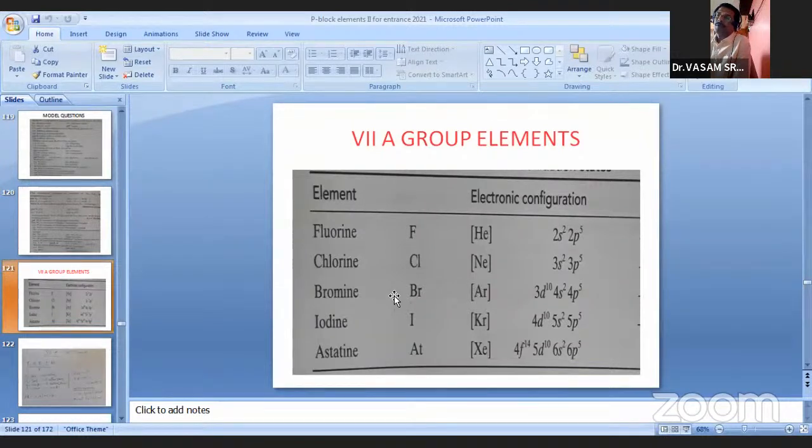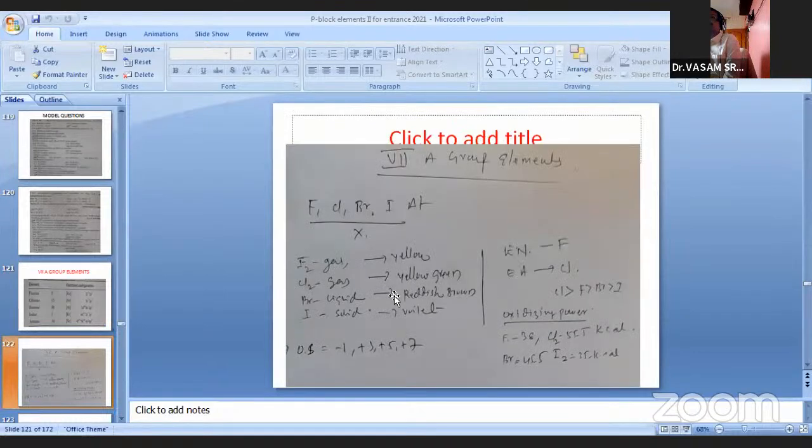So they are 4 and the atomicity is 2. The stable form is X2, so X2 is F2, Cl2, Br2 and I2. All are halogens. The physical state: F2 is a gas, chlorine is a gas, bromine is a liquid and iodine is a solid.